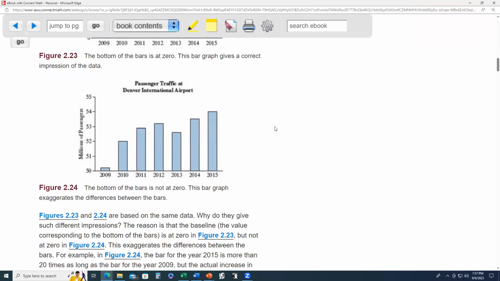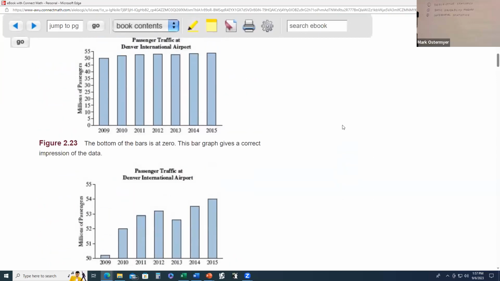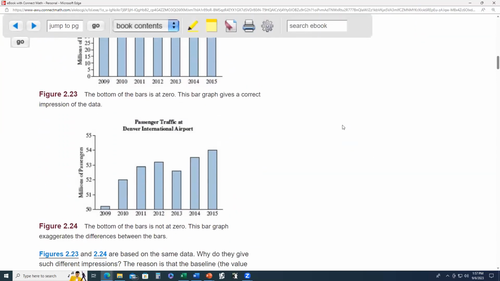The bottom one. It makes it look like there's a huge difference between 2009 and 2010. Do you agree? Now, let's compare this graph with the one above. For 2009 versus 2010, it doesn't look like there's hardly any difference. Which graph is the misleading graph, the top or the bottom one? The bottom one. Why is it highly misleading?